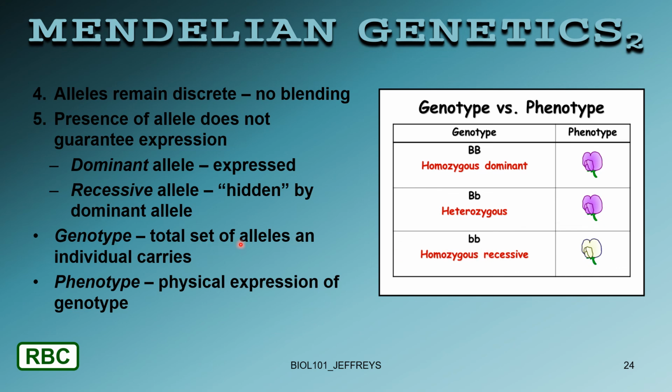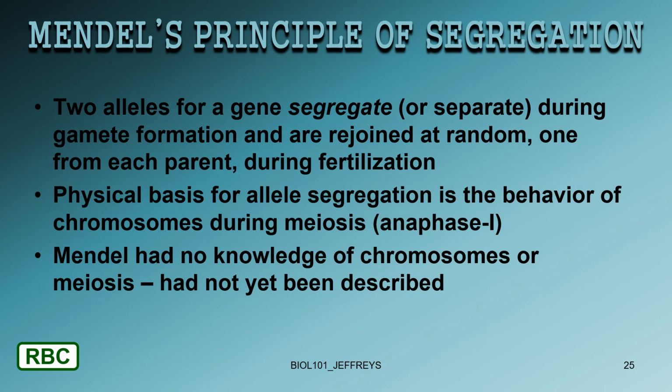The genotype is the total set of alleles an individual carries, and the phenotype is the physical expression of the genotype. If you have a gene for blue eyes, the blue eyes are the expression of that gene. Phenotype is what you see physically.